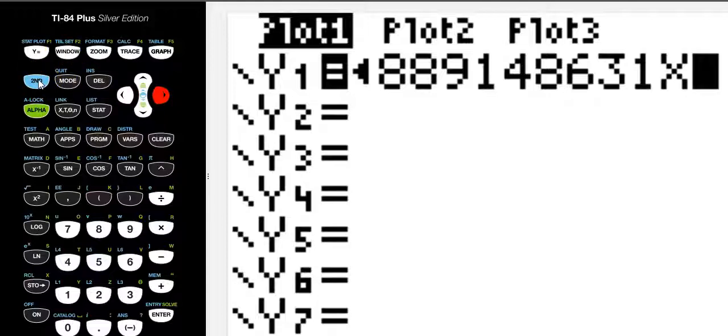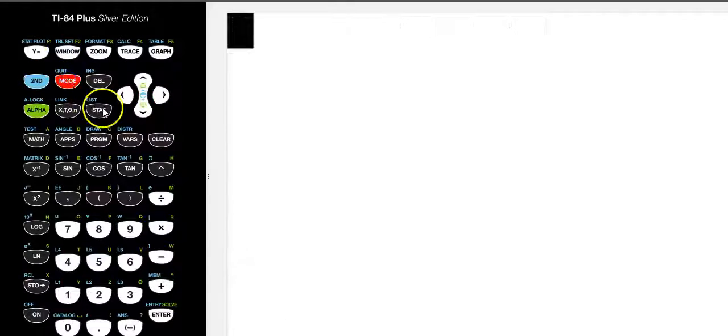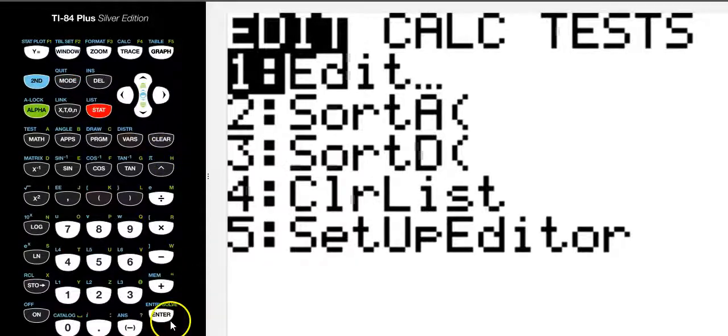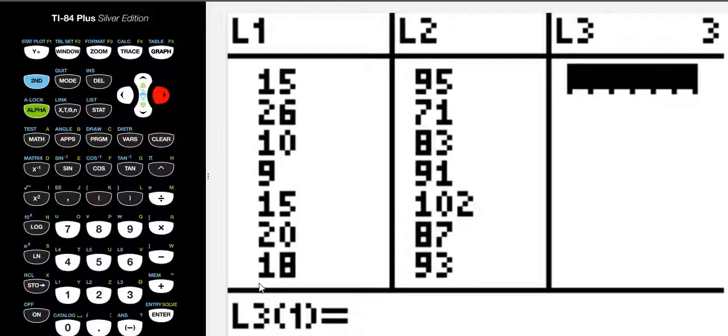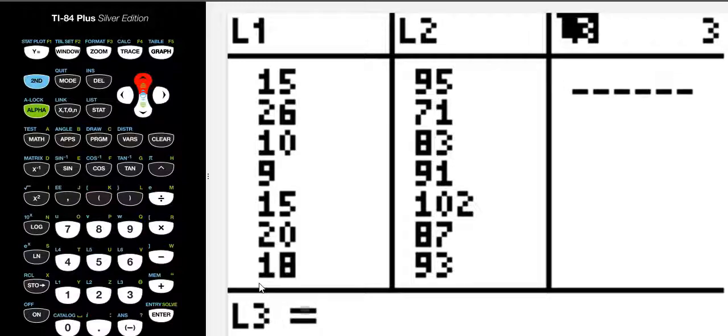So we're going to go to Stat, Edit, and now we're going to go over to List 3. Now we want List 3 to be all of the residuals for each of these 21 points. So the way we're going to do that is we're going to highlight L3 and press Enter. This will get us the opportunity to make an entire list of values in L3.